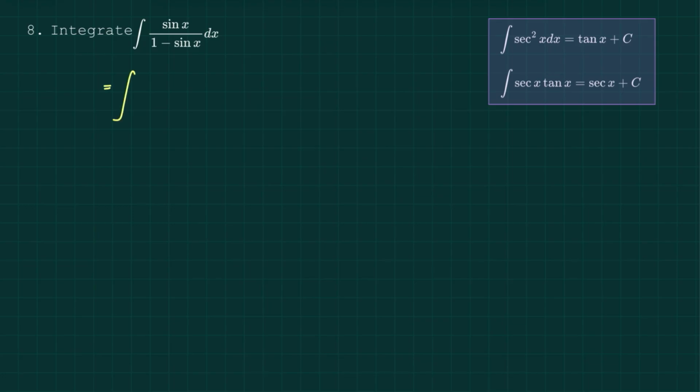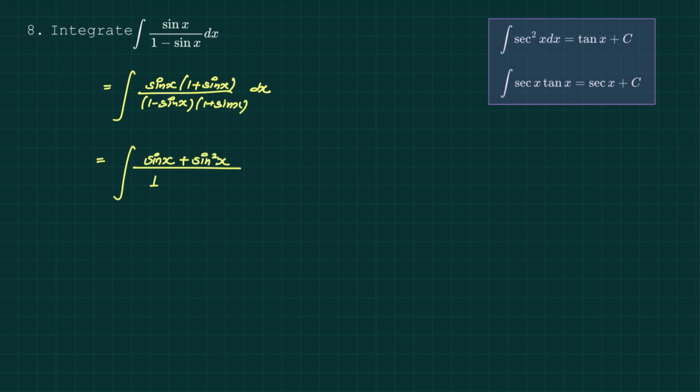So it will be sin x into 1 plus sin x over 1 minus sin x into 1 plus sin x dx, equals, opening the bracket, sin x plus sin square x divided by, a plus b into a minus b is a square minus b square, equals sin x plus sin square x divided by, we know that 1 minus sin square x is cos square x.